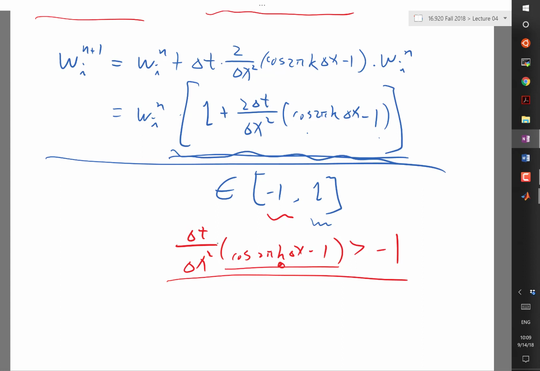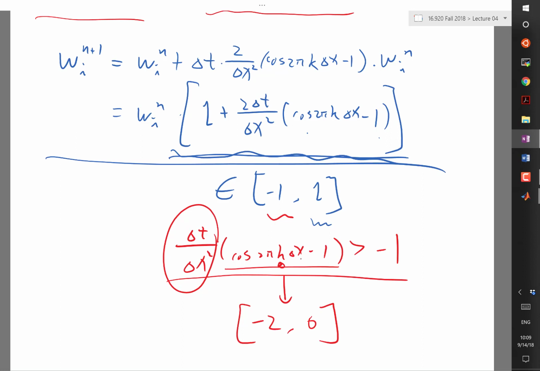And for this to be satisfied for all possible k's, my delta t over delta x squared has to be what? Has to be not too large, right? Because this can go into the range of minus 2 to 0. That's the range of the function cosine minus 1.